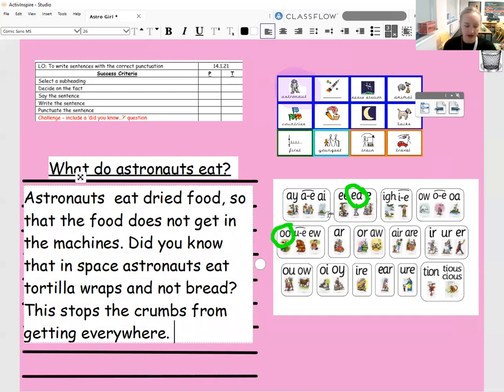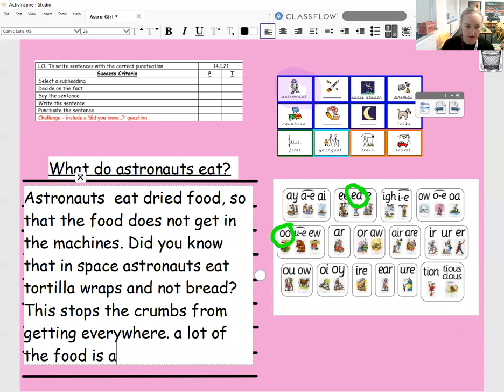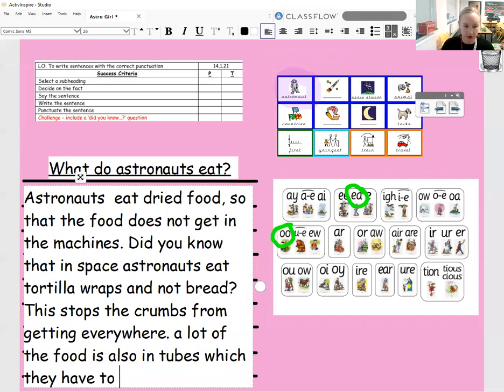So I could say, in space, a lot of the food is also in tubes, which they have to squeeze. Well done if you said that.